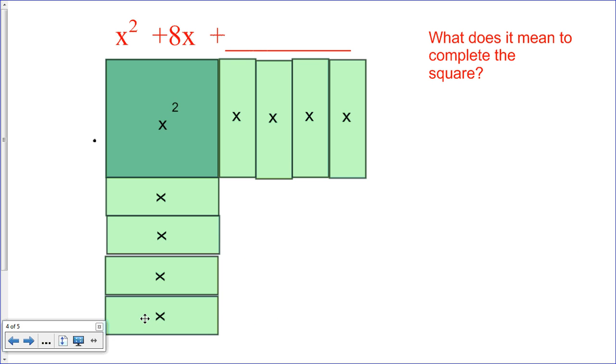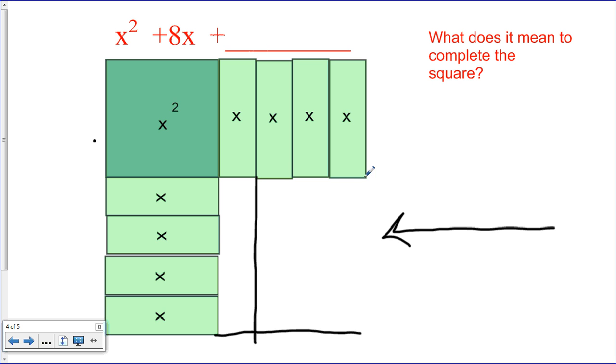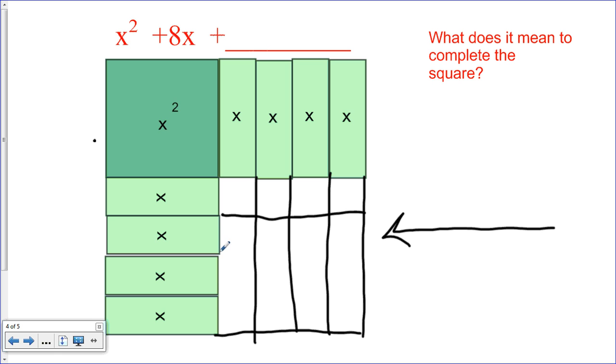And now I need to ask myself, how many do I need to complete my square right there? If I don't have those little ones, I can just draw my grid here of how many ones I would need in order to complete my square. And it looks like if I've got 4 up here and 4 to the side, I will need 4 by 4, which is a total of 16 ones in order to complete my square.